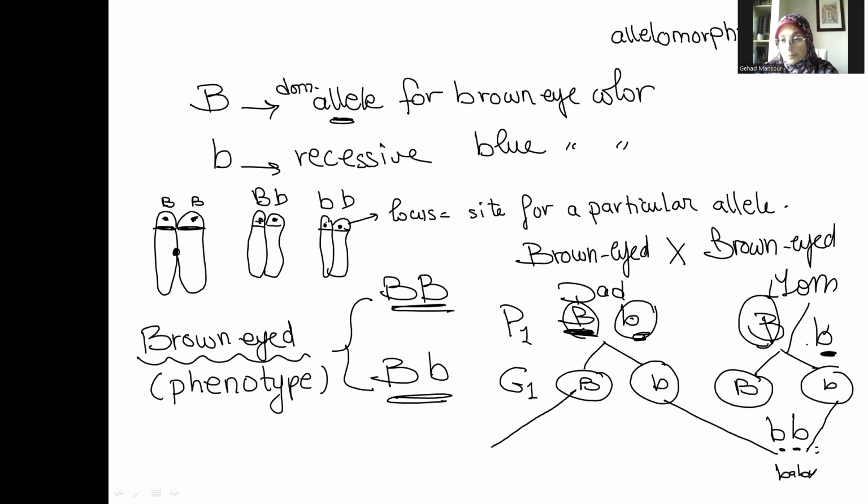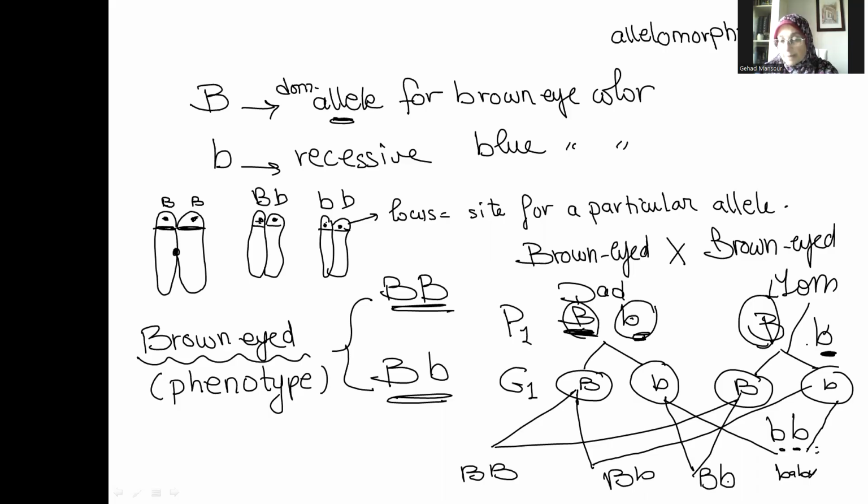But fusion of that gamete with that one will result in B capital, B capital, and then this one with that one would result in B capital, B small, and this one with that one would result in B capital, B small. So in order not to miss a detail, we say first with first, then first with second, then second with first, and then second with second.